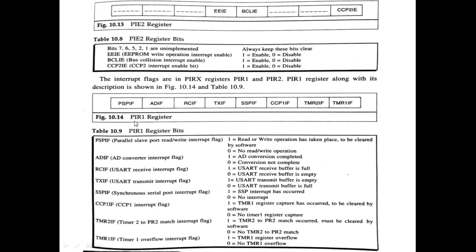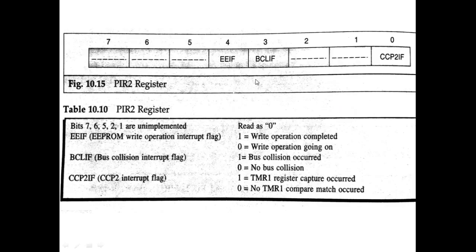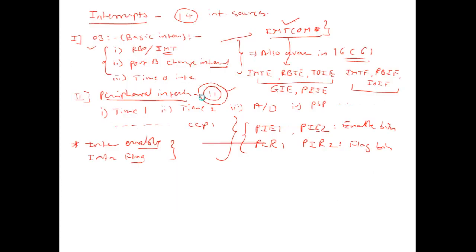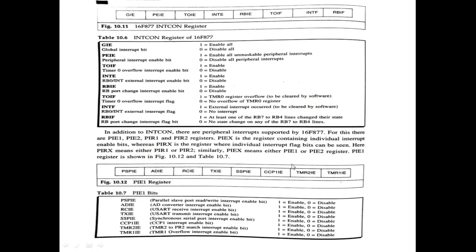Similarly, the PIR1 register has flag bits for 8 peripheral interrupts, and next, these are 3 flag bits, so 8 plus 3, 11. So a total of 11 flag bits for the peripheral interrupts. PIR2 and PIR1 hold 11 flag bits, and PIE2 and PIE1 hold 11 enable bits for peripheral interrupts. And this is for the basic 3 interrupts.